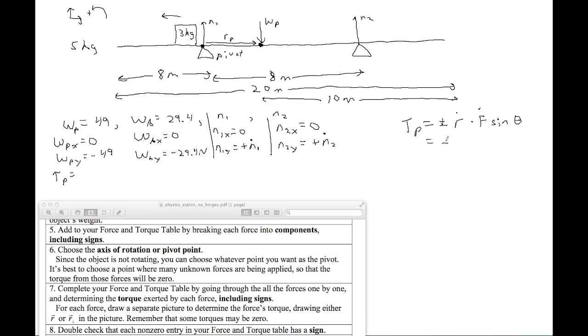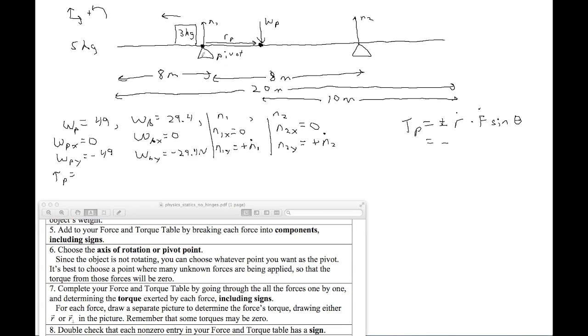Okay. So then what would we plug in for R? R would be 2 meters, because this is at 10 from the right, and that's the pivot. Oh, I'm confusing myself with my complicated picture. Let's see.